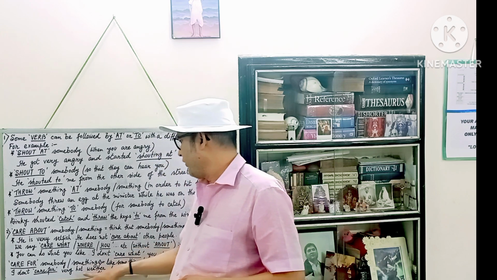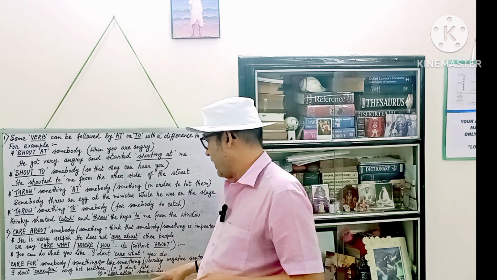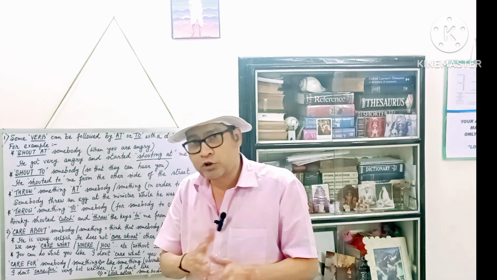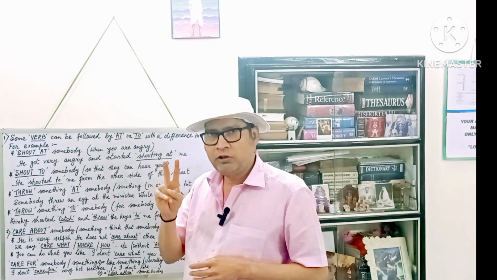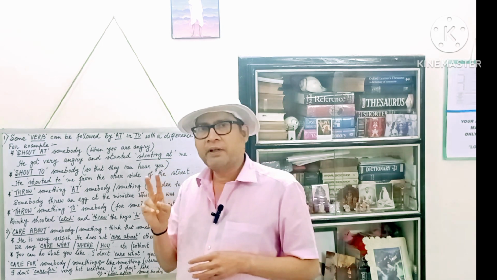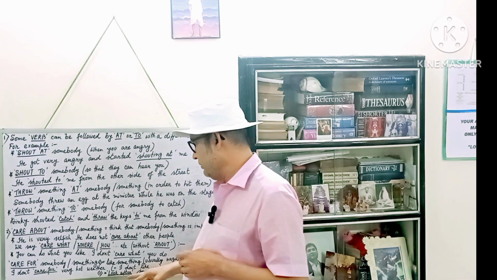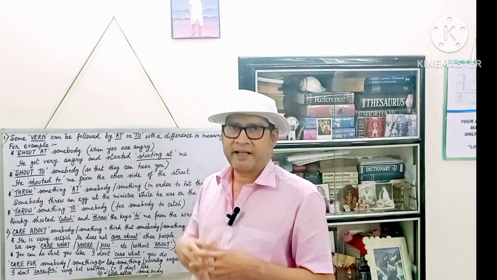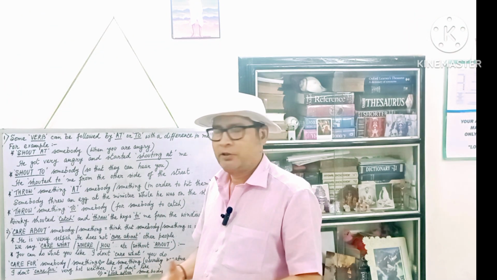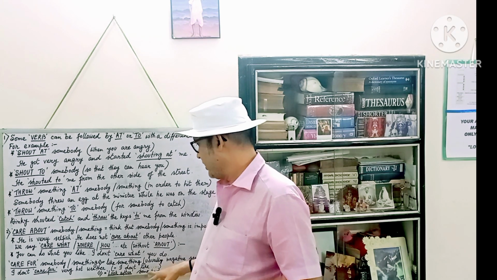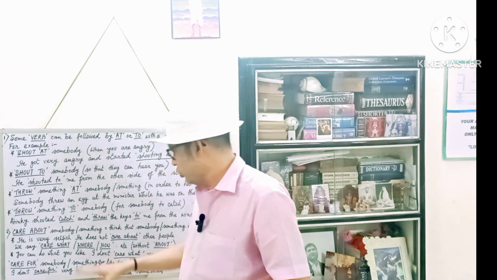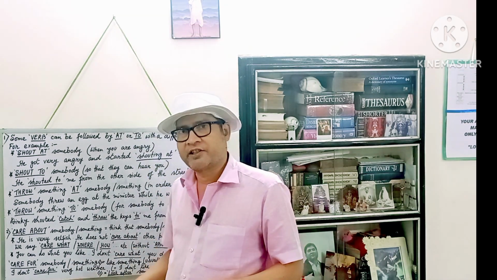Care for also, this particular group verb has two shades of meaning. One is to like, another is to look after, take care of somebody. There is no space here, that's why I have not written the example sentence.